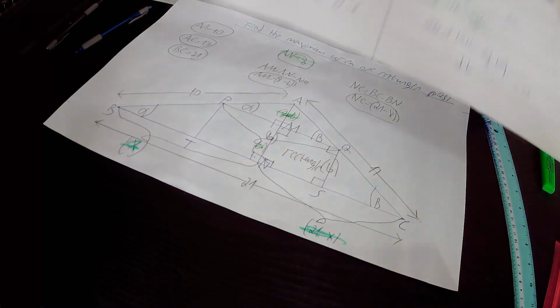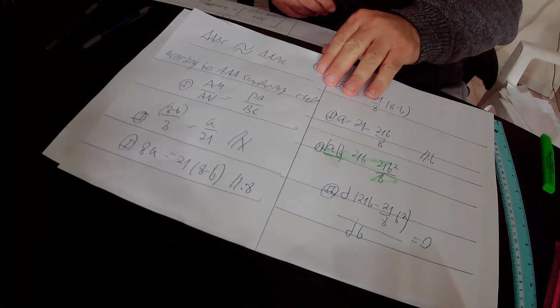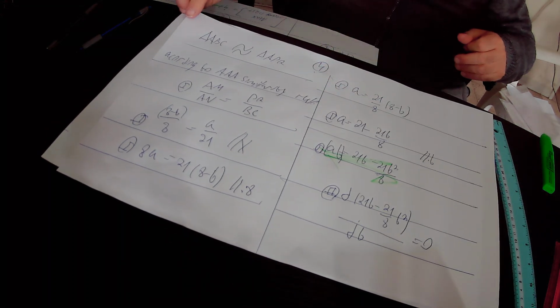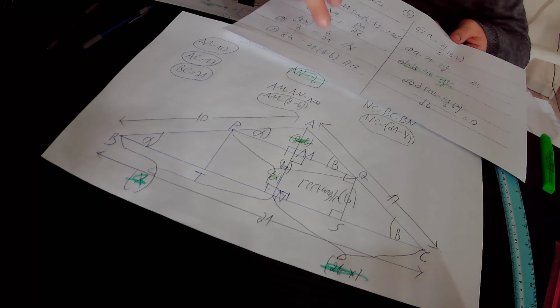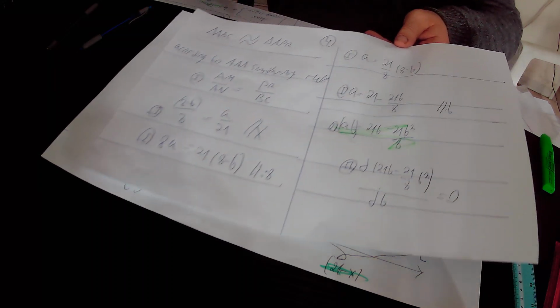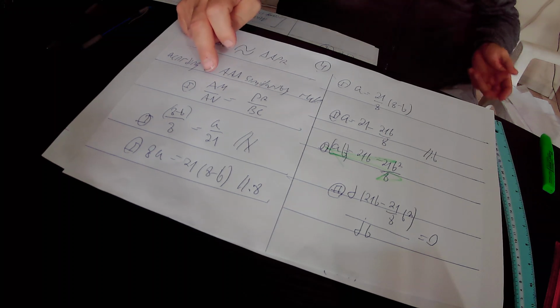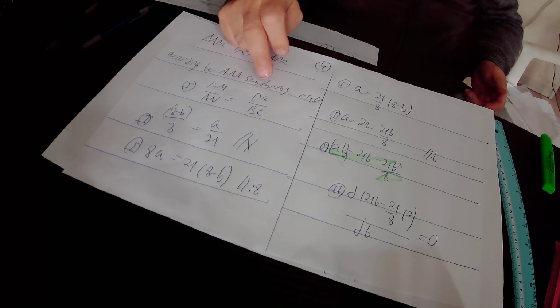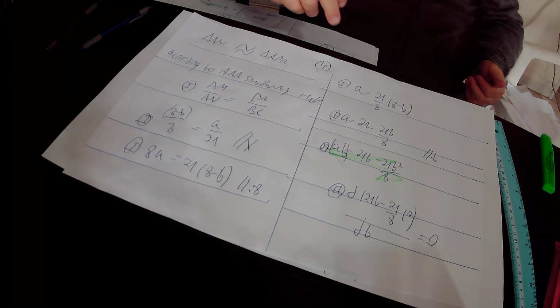Applying the rule in these two similar triangles ABC and APQ, we get that AM over AN, the ratio between the corresponding heights, must be equal to PQ over BC, the ratio between the corresponding sides in the two similar triangles ABC and APQ.